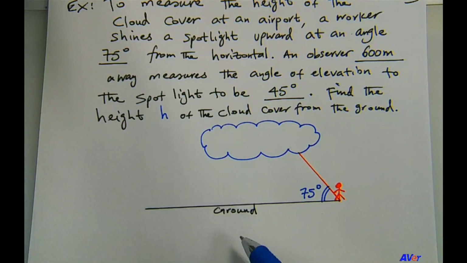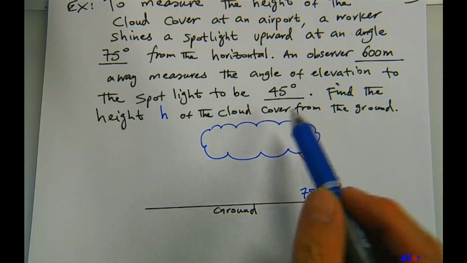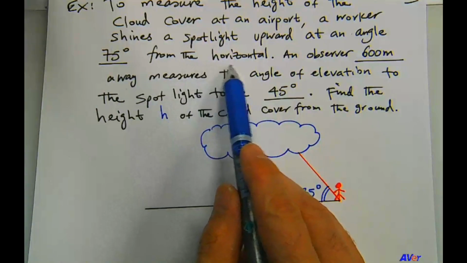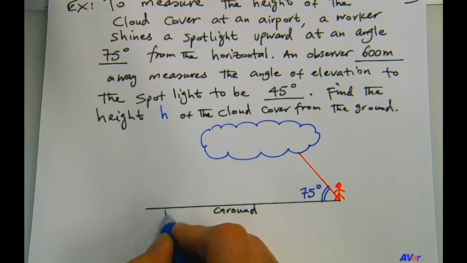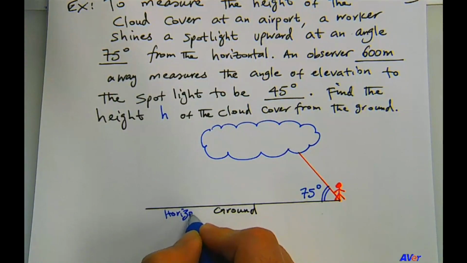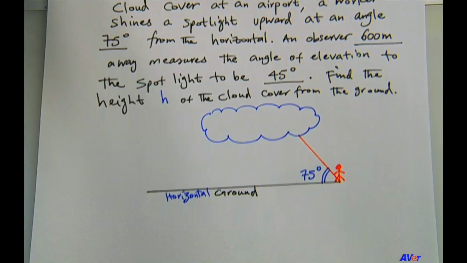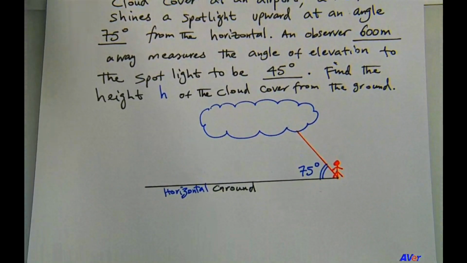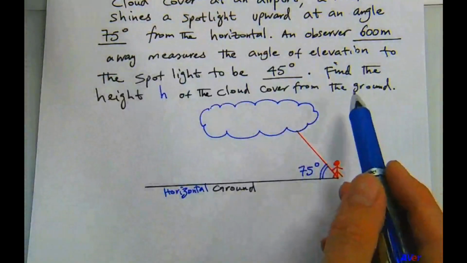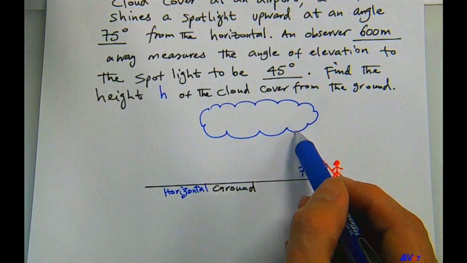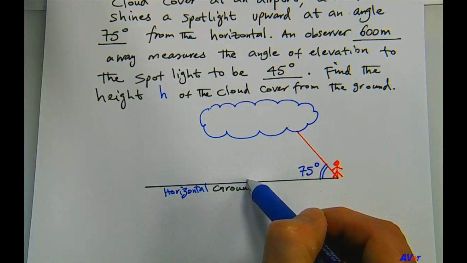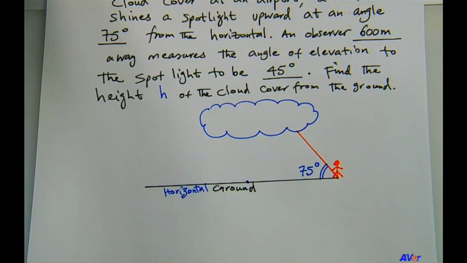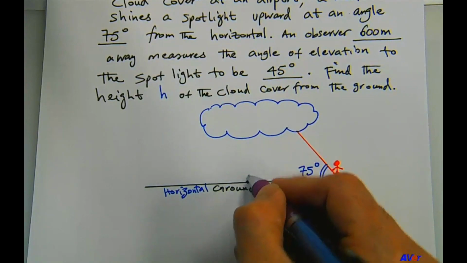And then we are also told that, from the horizontal, or ground, there is an observer 600 meters away. So let's say this is an observer.